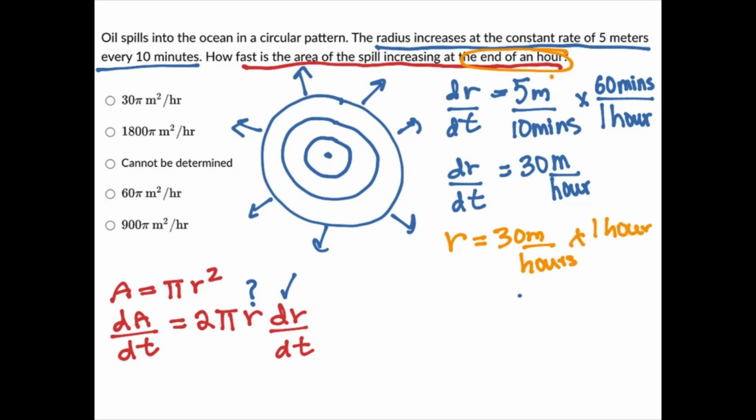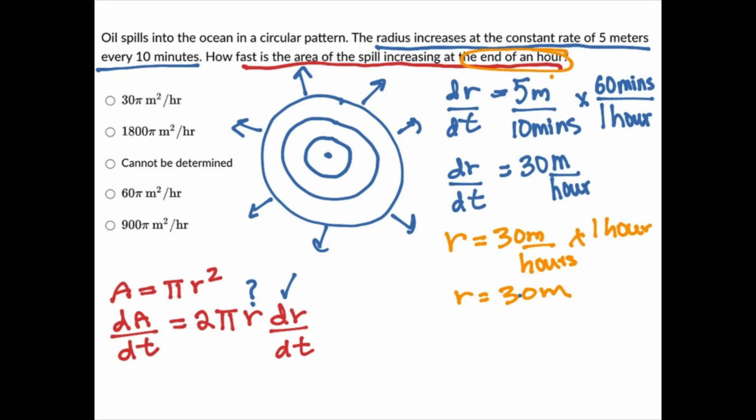So r will be 30 meters. You assume that the radius starts at 0 and expands outwards 5 meters every 10 minutes, which is 30 meters per hour. So after 1 hour, the radius will be 30 meters.